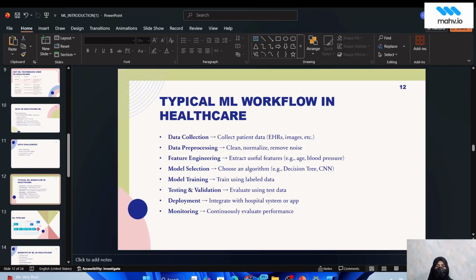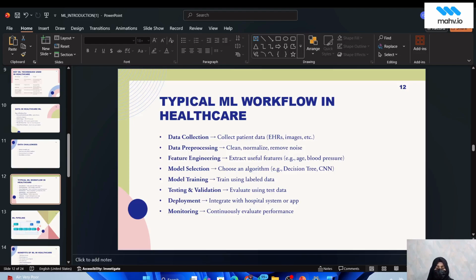Now we will see the workflow of ML in healthcare, how that workflow will be automated. So the first step is data collection. In data collection, basically we collect the patient data, images and other things. So in data collection, we just gather the data. In data pre-processing, we clean that data, normalize, meaning make it in one range, and remove noise.